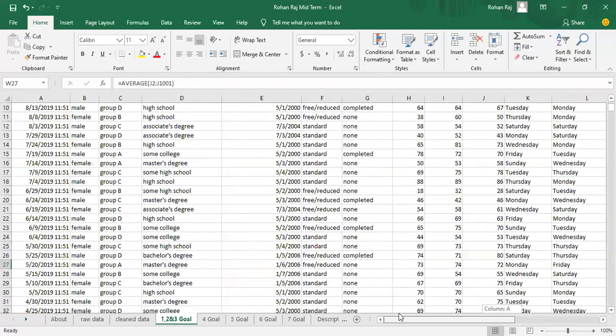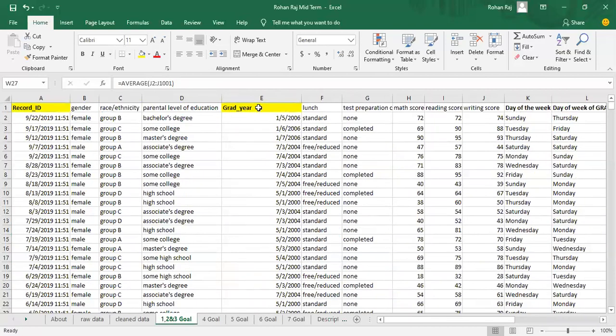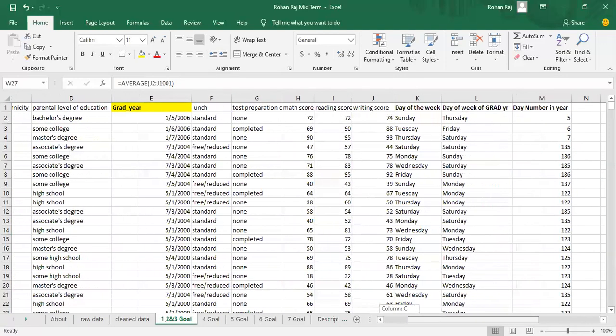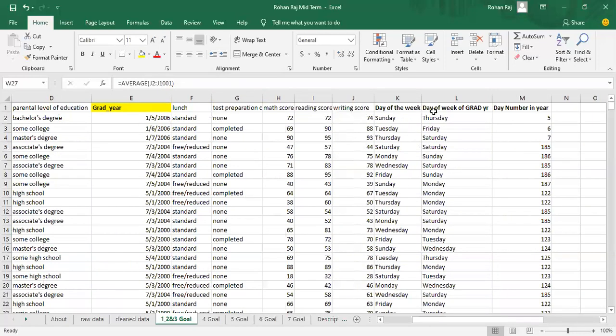I also found out the graduation year, day, and date, which you can see by this graduation year.